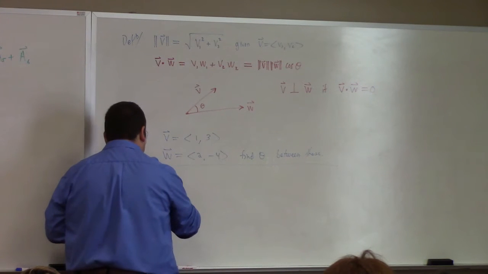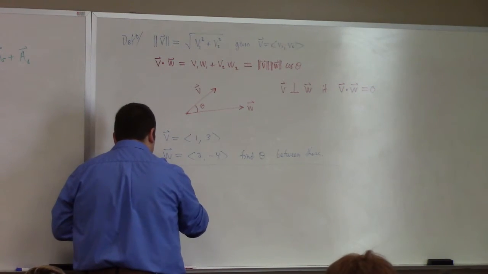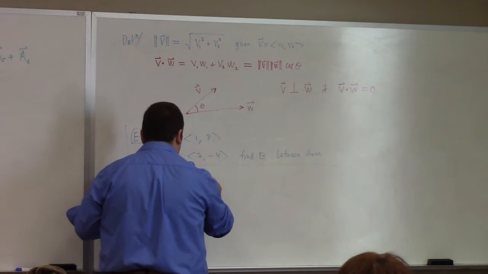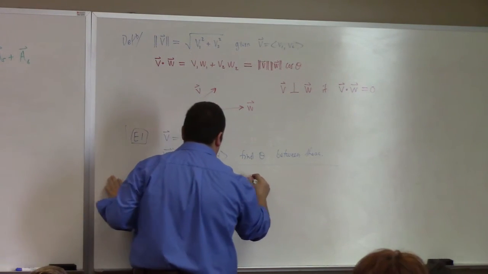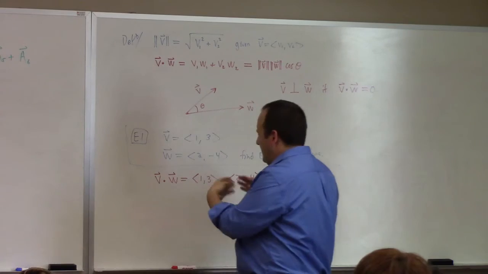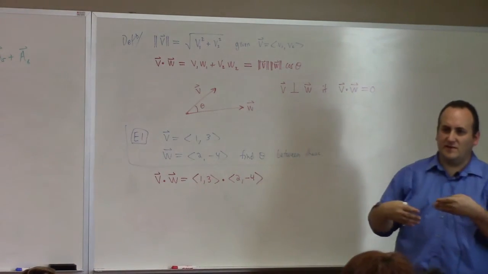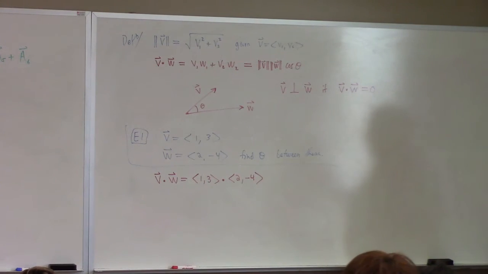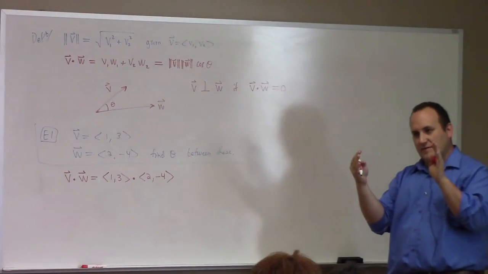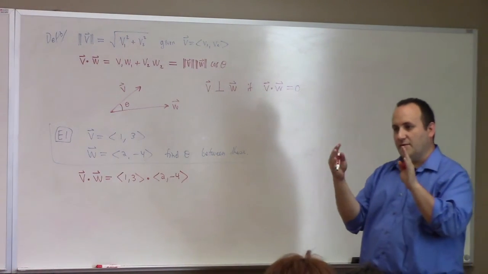What's v dot w? By the way, these angle brackets are just a notation to say, hey, I'm a vector. That's all it is. Pretty much they're the same as the tuples you had before, like 3 comma 4.